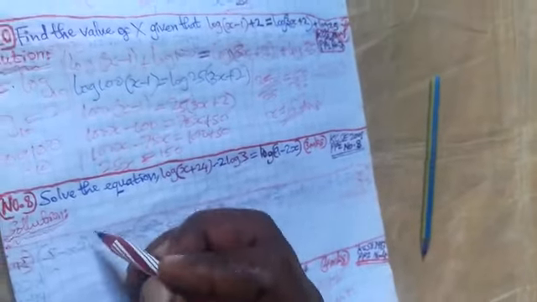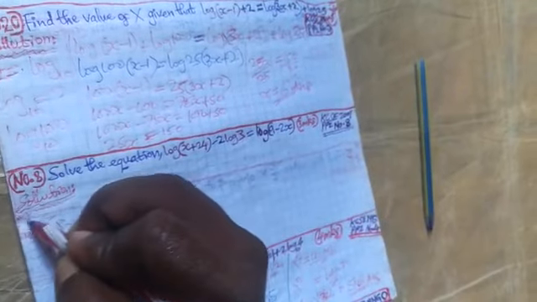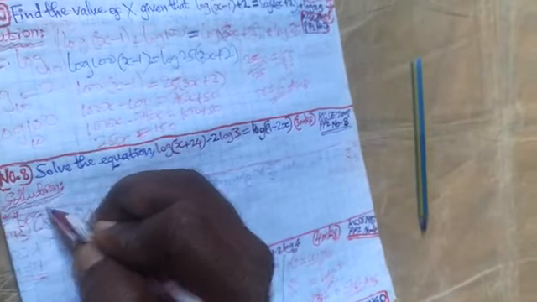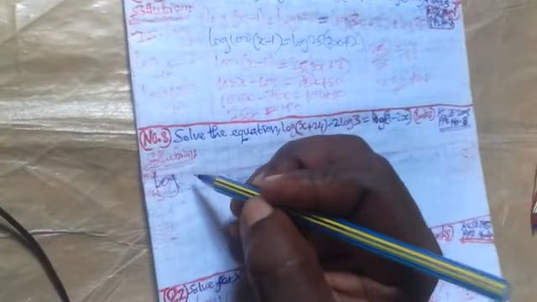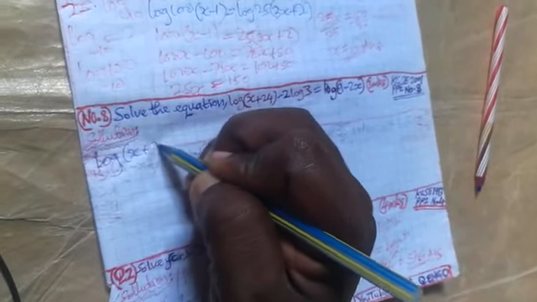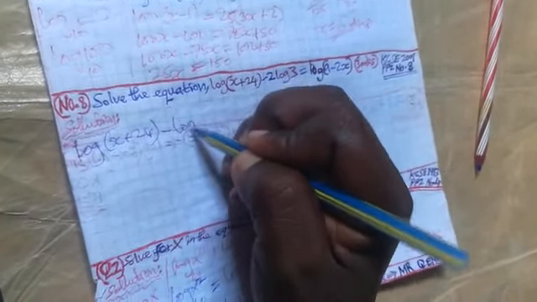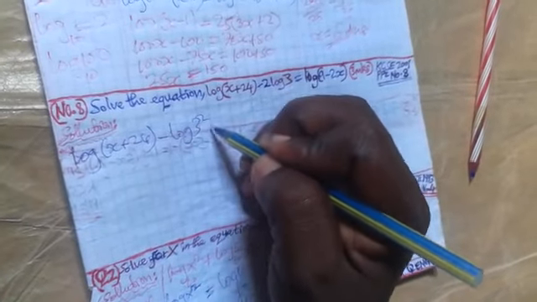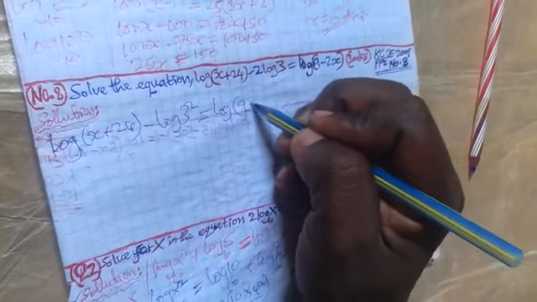Hence we say that log of x plus 24 minus log 3 squared is equal to log of 9 minus 2x.